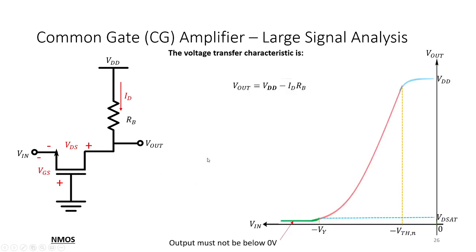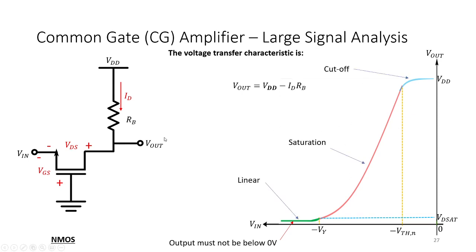What is the transfer characteristic? It is this one. Because Vin is negative, we want a value more negative. We need a more negative value to turn this on. We cannot make this positive because this is ground. So this will be the equivalent transfer characteristic.